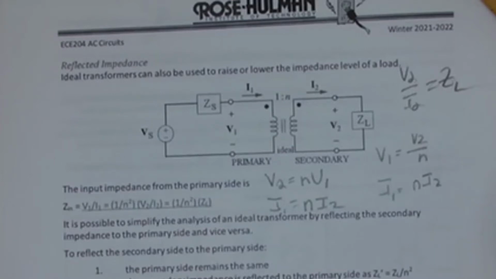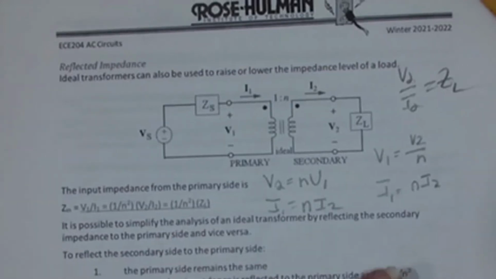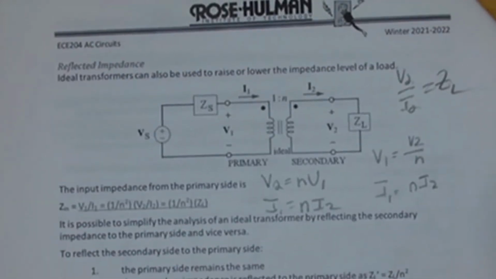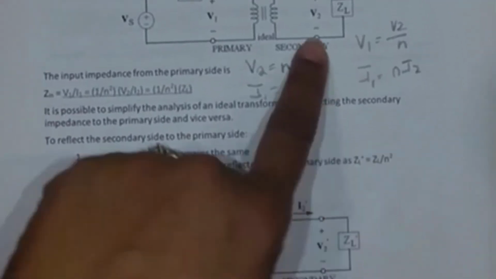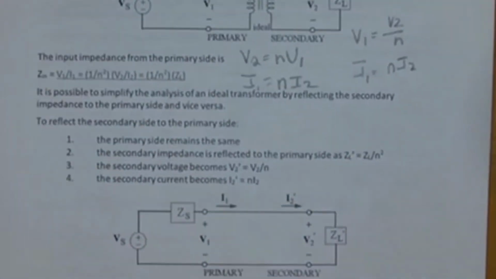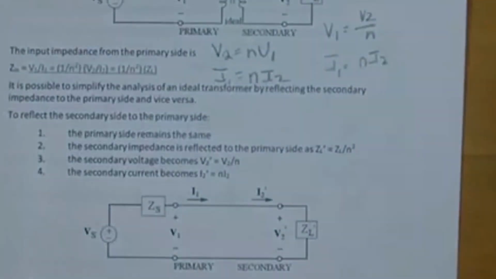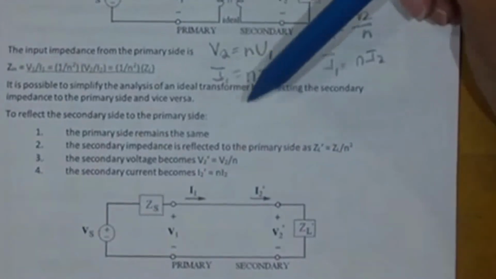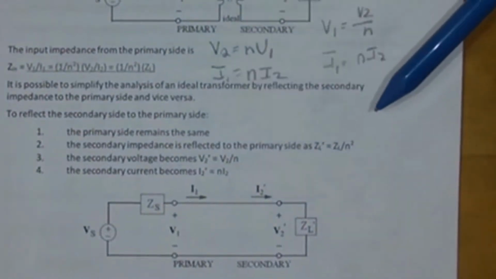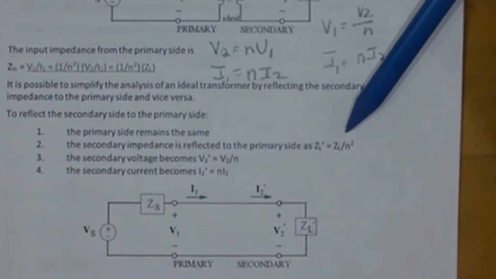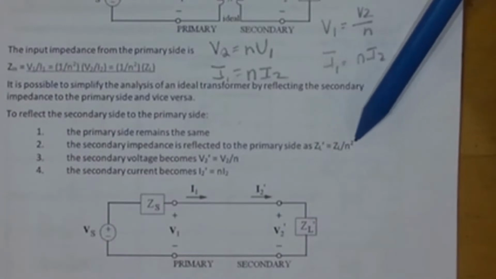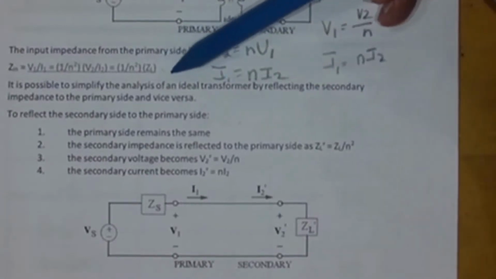All right. So it is possible to simplify the analysis of a transformer by reflecting the secondary side to the primary side and vice versa just by using these formulas. So for example, I can write this as a simplified circuit by reflecting the secondary to the primary, where the primary values remain the same, but the reflected secondary impedance to the primary side becomes ZL over N squared, which is this formula right here.